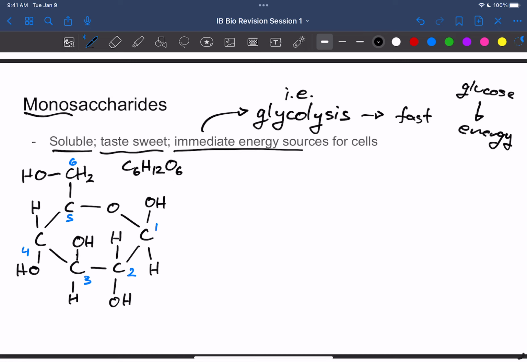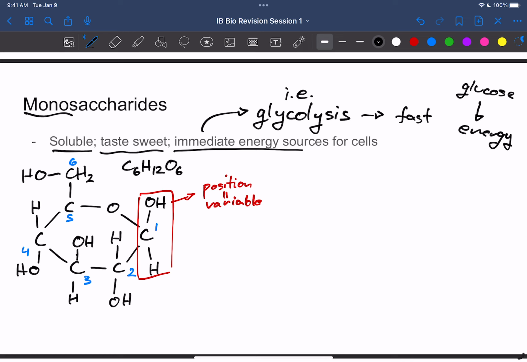And there can be different types of this glucose. But before we get ahead of ourselves, we're just going to look at the numbering here. So carbon 1, this one's pretty important. The position of this OH is variable. And here's how you can tell what the position means.